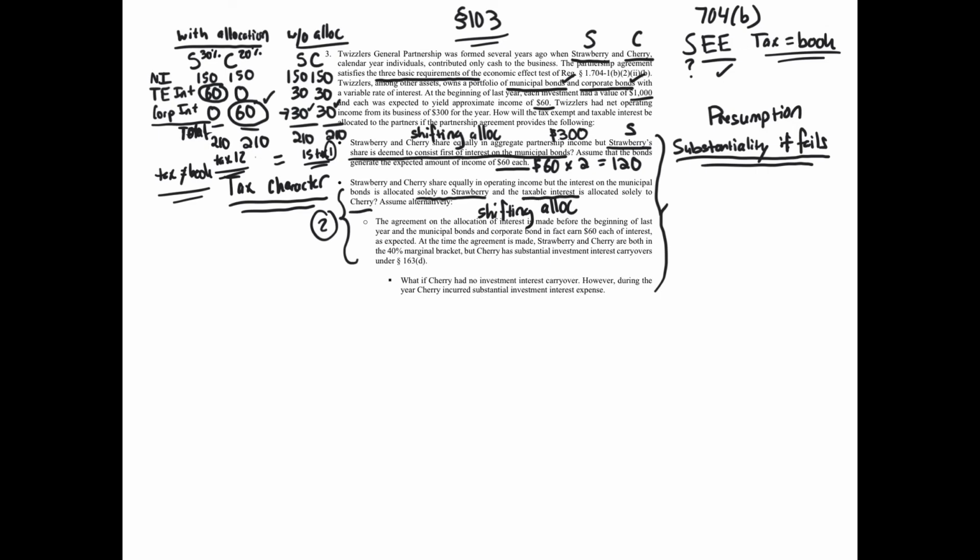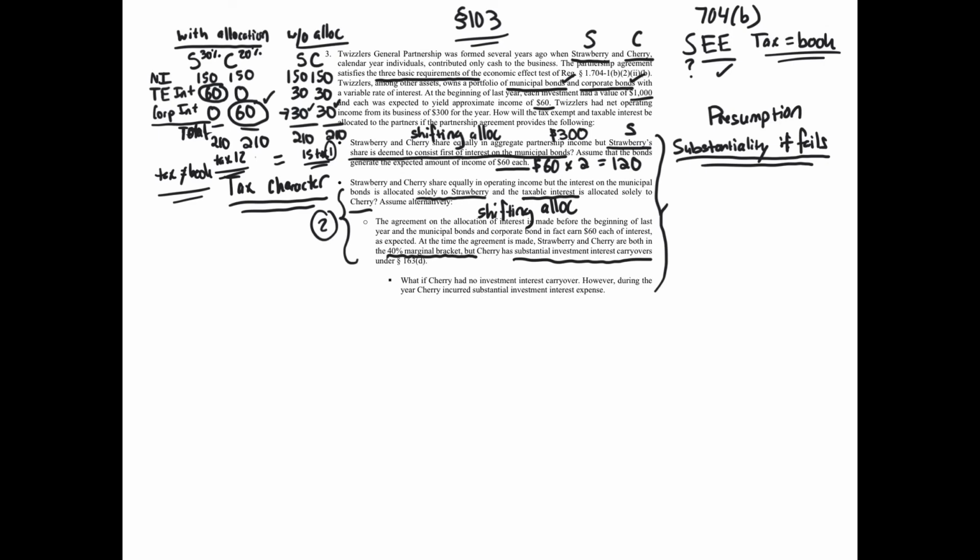Now, do these allocations, right? They're in the same brackets, but Cherry has substantial investment interest carryovers. Okay, we'll talk about that in a moment. Do these allocations have economic effect? Well, yes, we're told in the problem. Are they substantial? Looking only at the general rule about how this works out, Strawberry gets all the municipal bond interest and Cherry gets all the corporate bond interest.